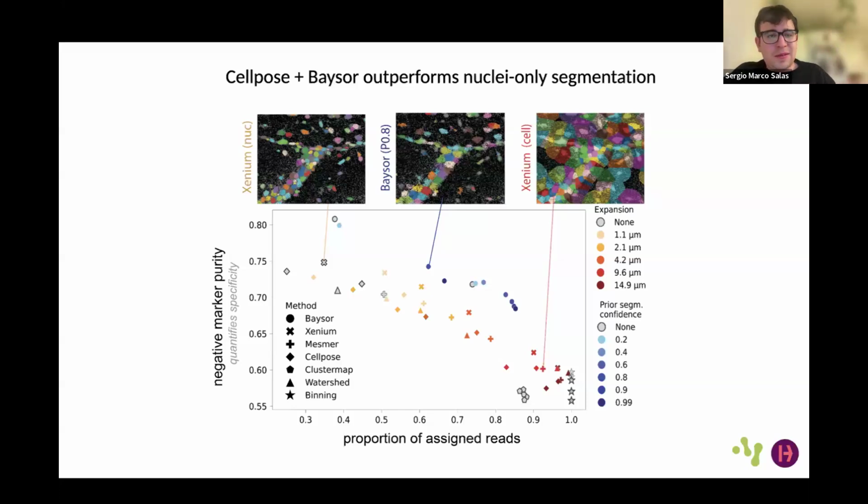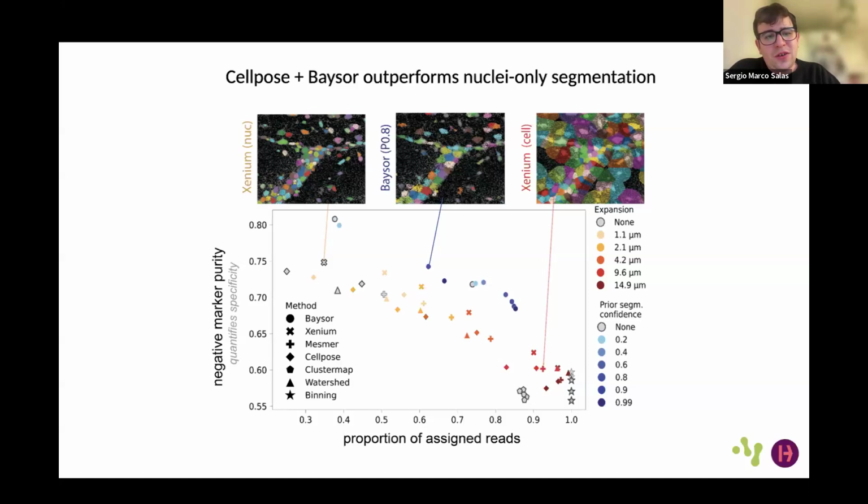In this case we included only Baser, but there are other methods in this category, such as PCI-SEG, Seger or ComSeg. There are several segmentation methods in this group that are non-rigid and rely on the location of transcripts. They cannot outperform the other ones because they are a bit more flexible in the way of assigning transcripts to cells.